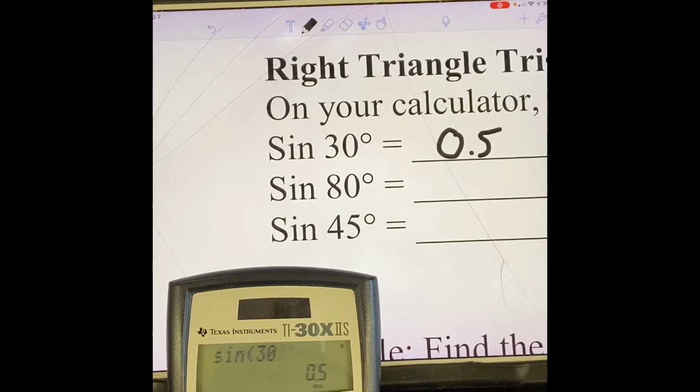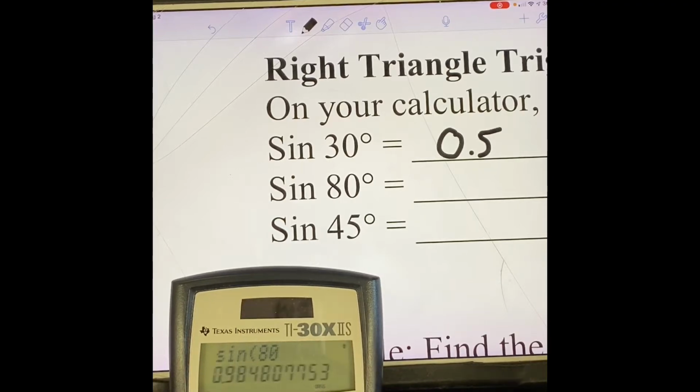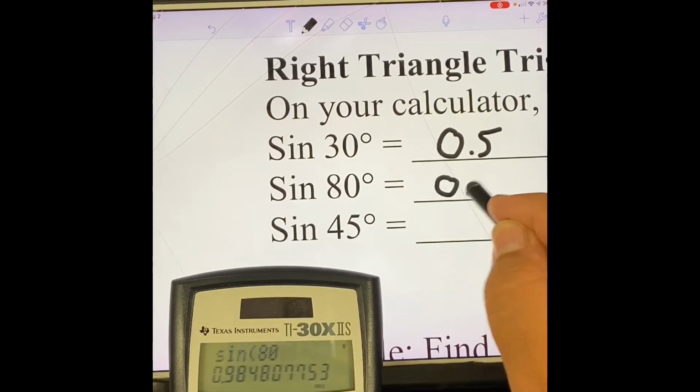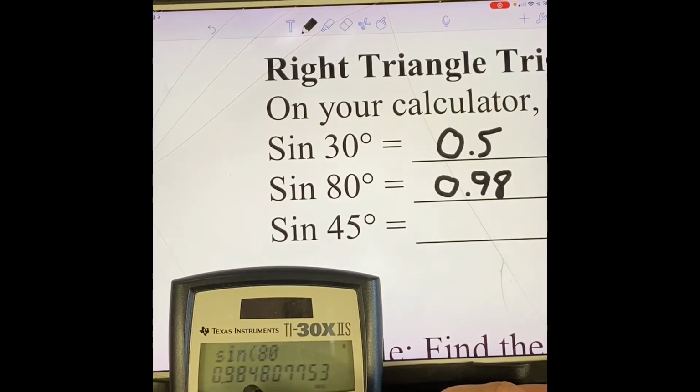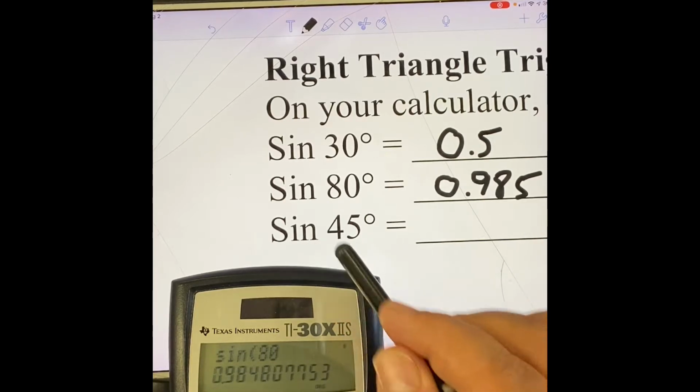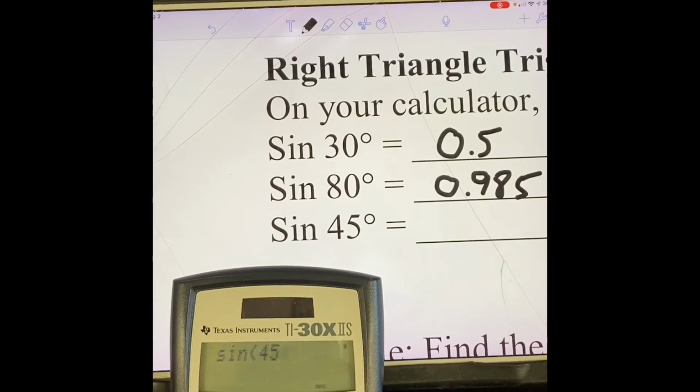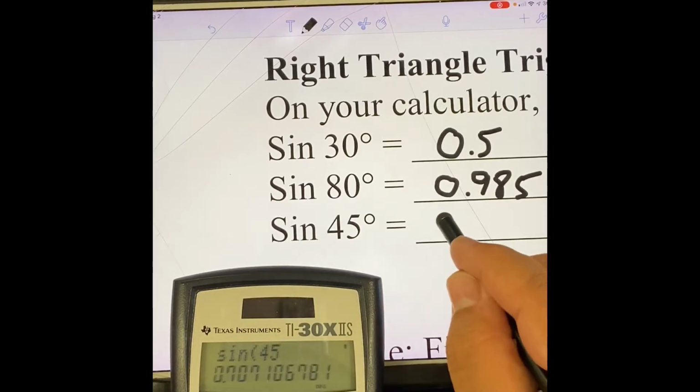Sine of 80, I get 0.98. Now you'll see it's 0.984, but since I'm only going to round it to 3 decimal places, since the 4th digit is greater than 5, I'm going to take the 3rd digit of 4 and round it up to 5. Sine of 45, 0.707.